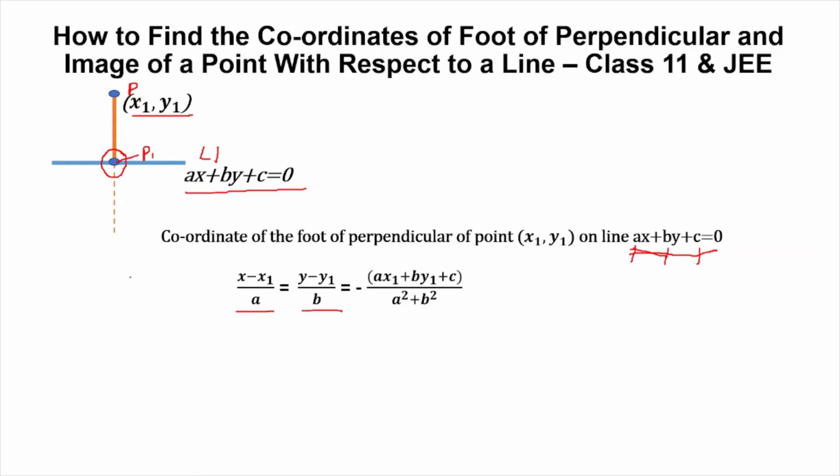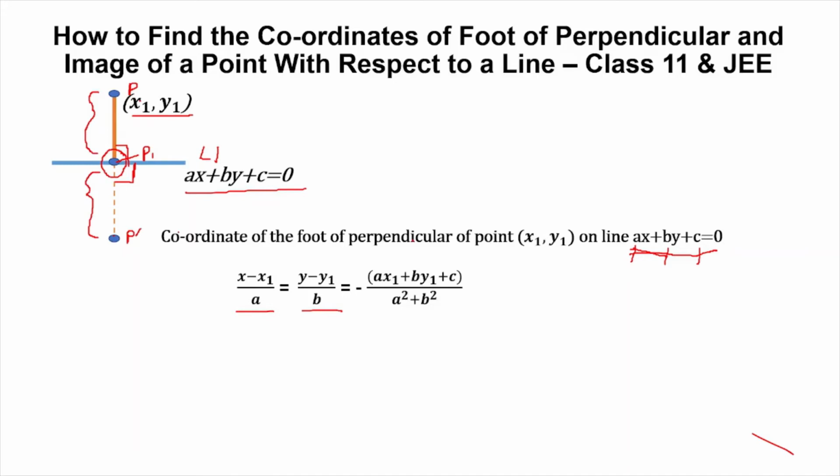It is like line L1 is the mirror for the point P. Then we extend this perpendicular line to the point, let us assume P dash, where both the angles are 90 degrees, and these distances P P1 and P1 P dash are the same.